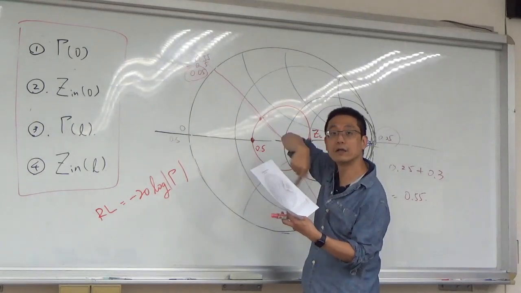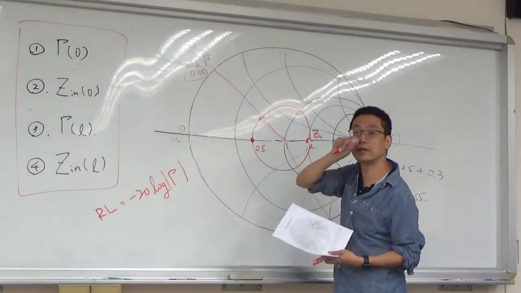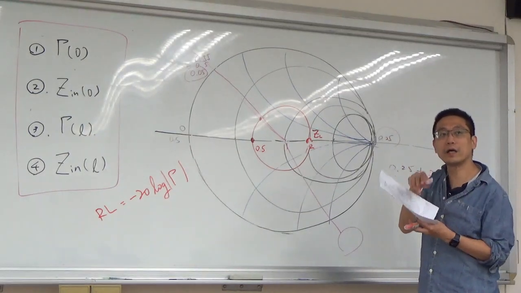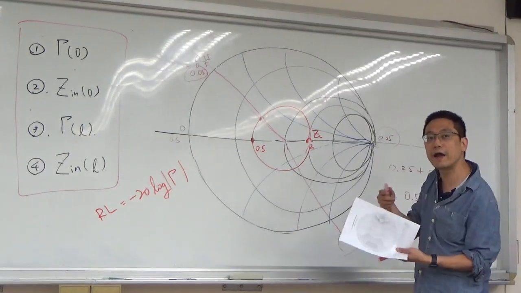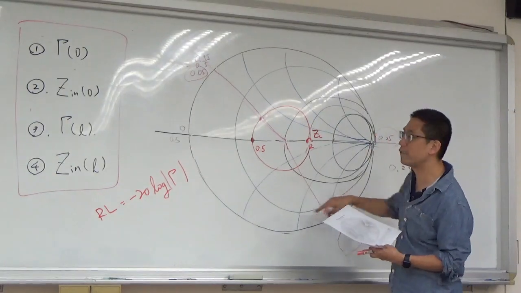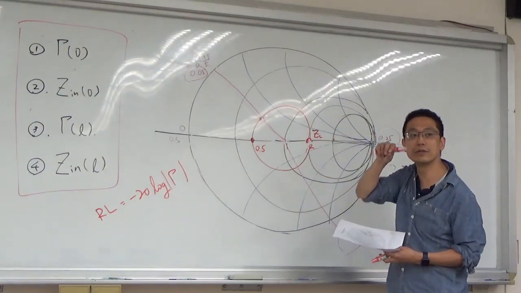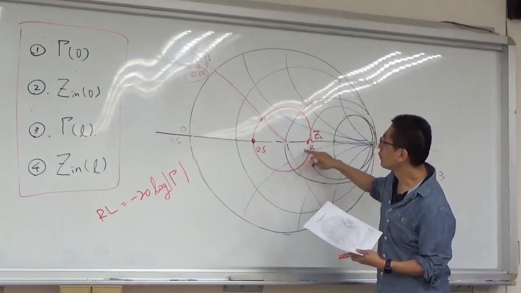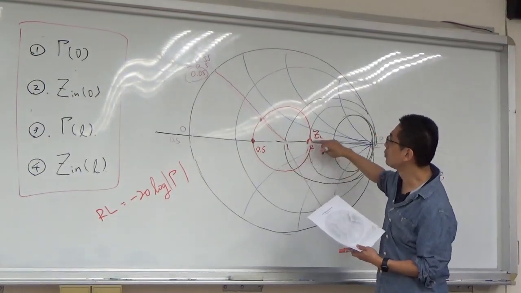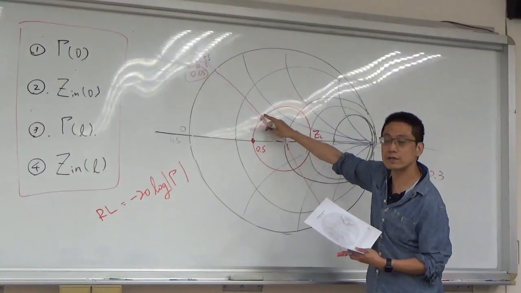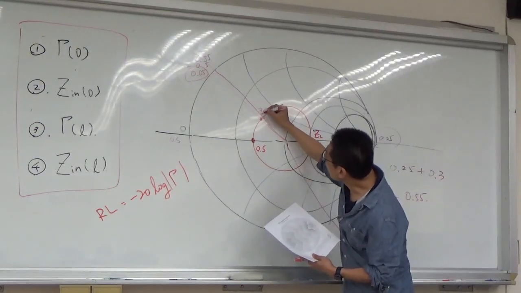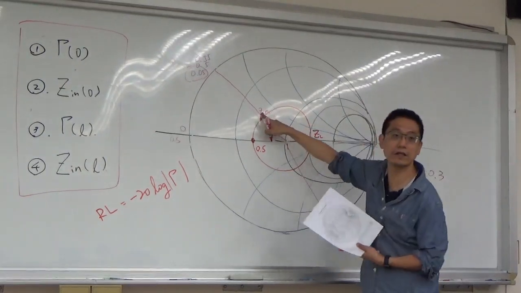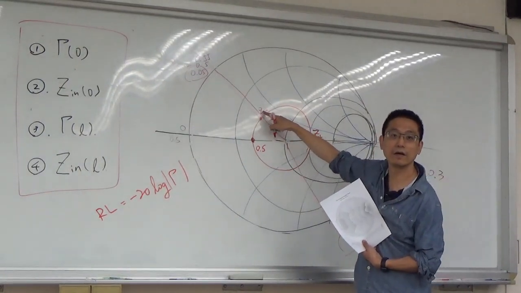Those are the coordinates to help you to find out the wavelengths and use your compass to find out where, and you should know where is your ZL, and this is Z in, the new Z in. Okay?